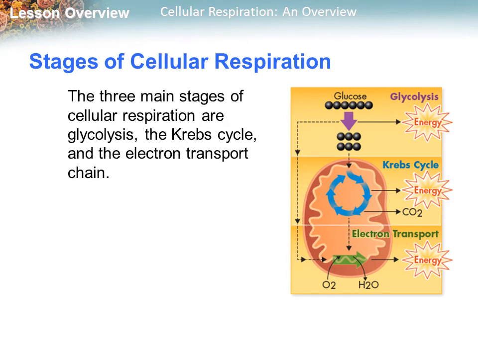The three main stages of cellular respiration are glycolysis, the Krebs cycle, and the electron transport chain. Although cells can use just about any food molecules for energy, we will concentrate on just one as an example: the simple sugar glucose.